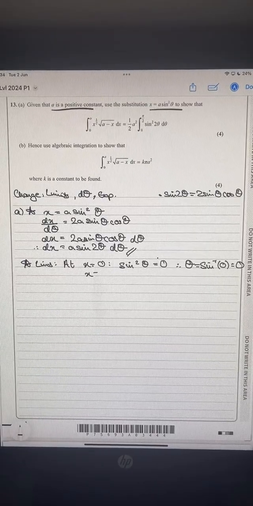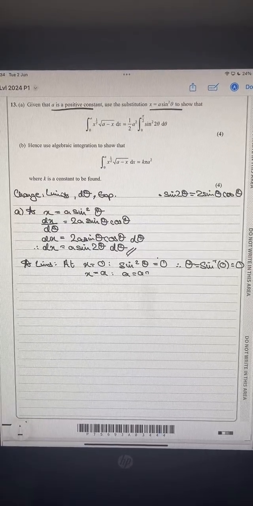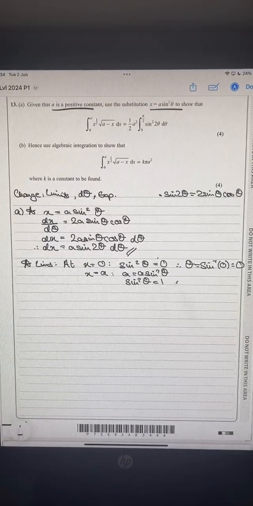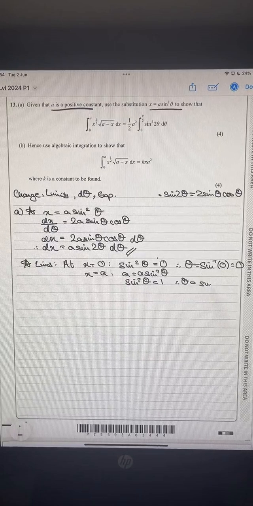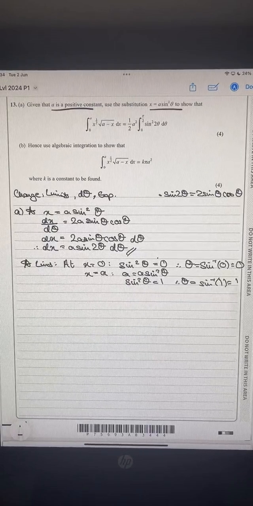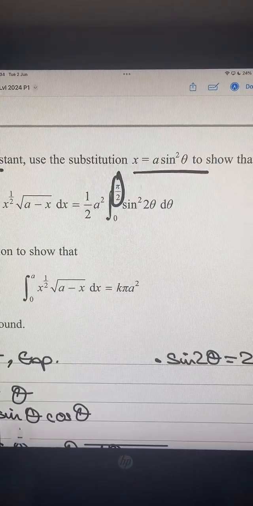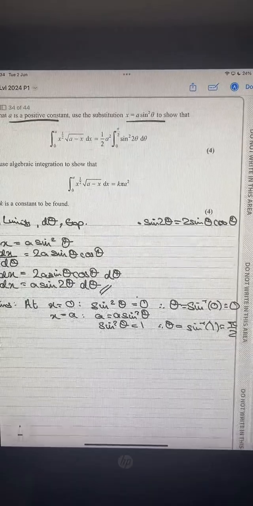Now I need to find my upper limit at x equals a, annoyingly. So a equals a sine squared theta, but it's not annoying because we can just see that sine squared theta equals 1. So therefore theta is equal to inverse sine of 1, and that's equal to pi by 2. So that is my upper limit, and it is also right there, so they tell me, so I can verify that, yep, I have done it correctly. So cool, those are my limits.